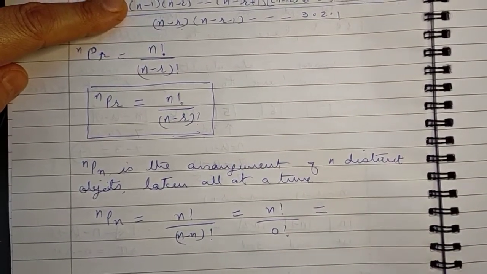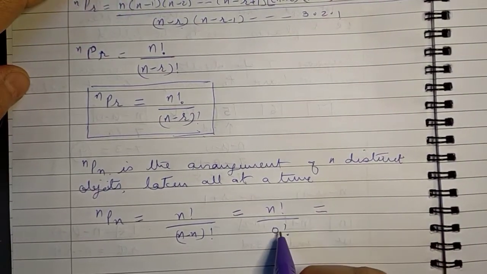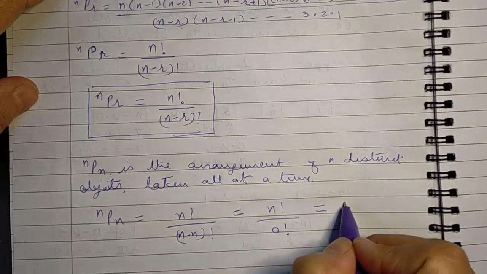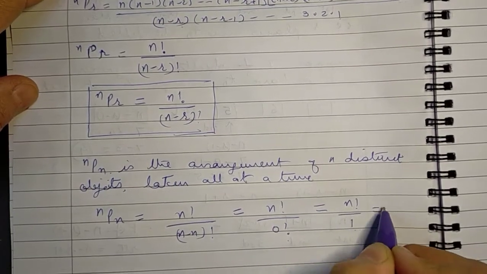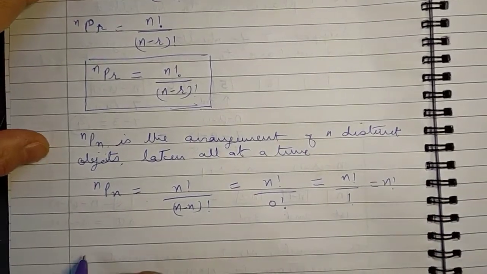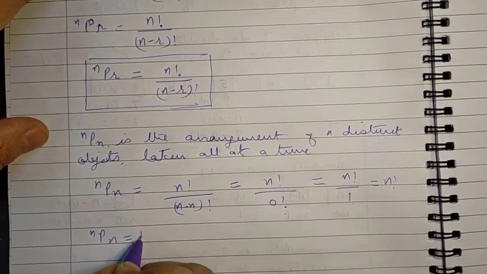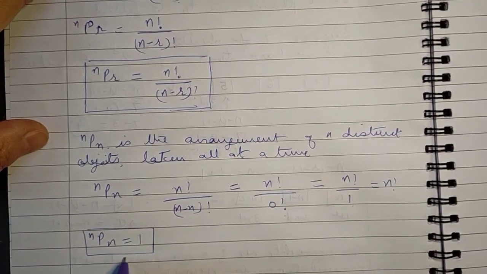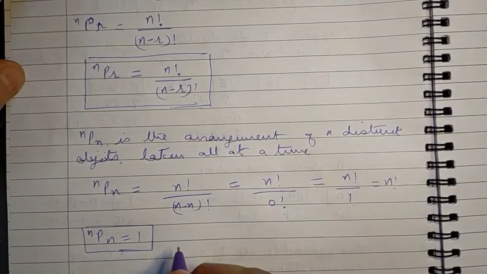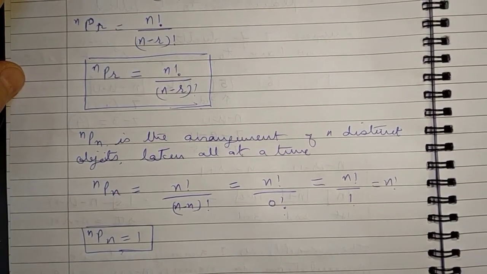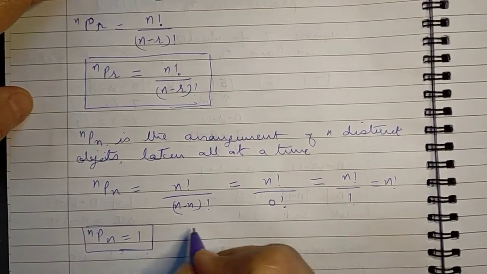But as discussed before, 0 factorial is always 1. So it becomes n factorial over 1, which is n factorial. And so we get nPn is equal to n factorial, a standard result which you have to remember.